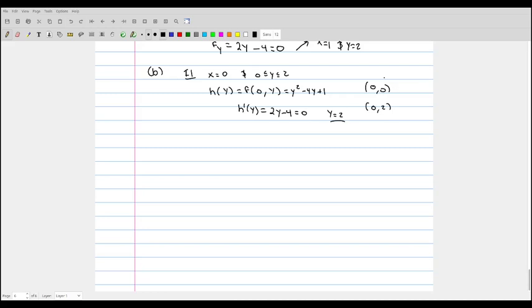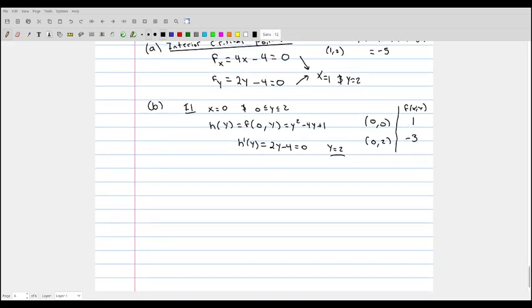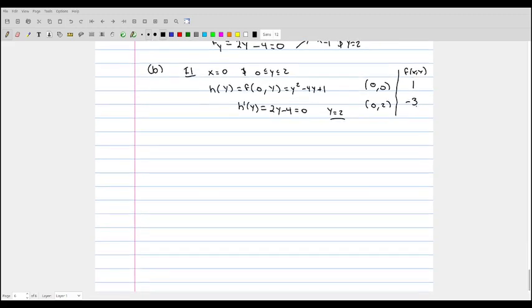So really we only have 2 potential absolute max and mins. The function value at 0, 0 is 1 when you plug in, and at 0, 2, the function when you plug in is equal to negative 3. So this is the first piece of our boundary.